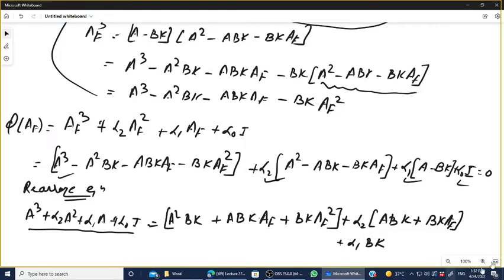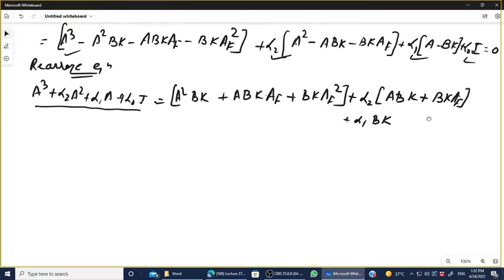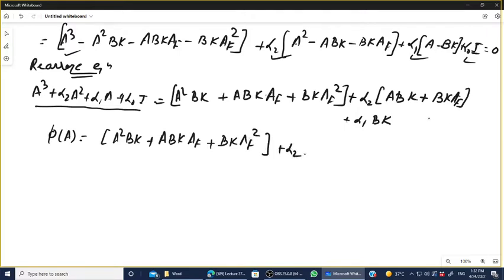So when you again solve this equation, this can be written as phi A, because you know every square matrix satisfies its own characteristic equation, so based on this, A square BK plus ABKAF, plus BKAF square, plus alpha 2 (ABK plus BKAF), plus alpha 1 BK.